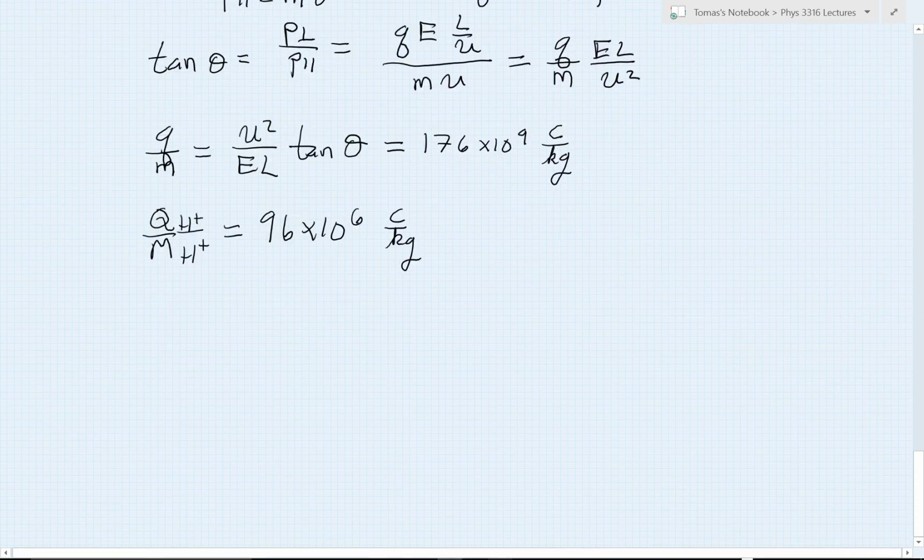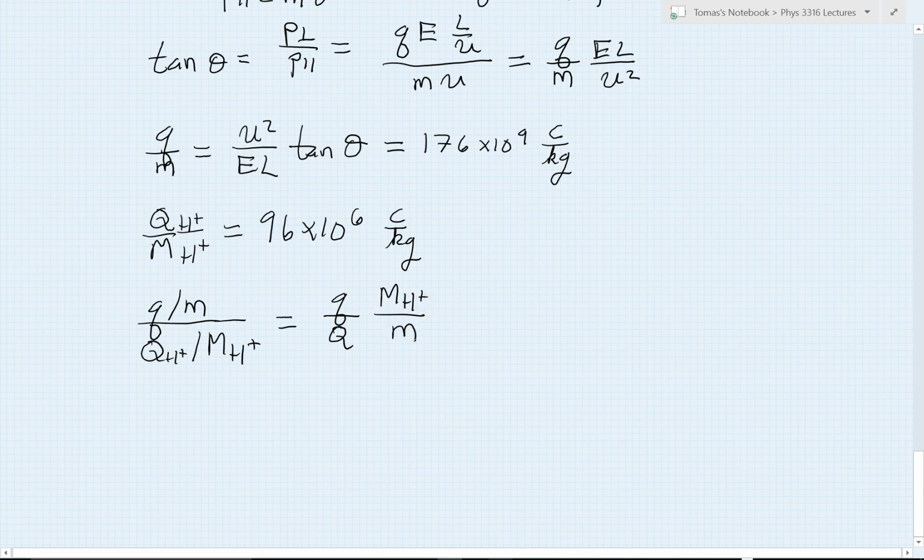If we divide these two quantities to look at this rather large ratio that we are seeing, if I take the charge divided by the mass for the cathode rays and compare that to the charge of the hydrogen ion divided by the mass of the hydrogen ion, what I get is the charge ratio of the cathode rays and the hydrogen ion times the mass ratio of the hydrogen ion to the cathode ray, or to the electron, which is what we now know these are.